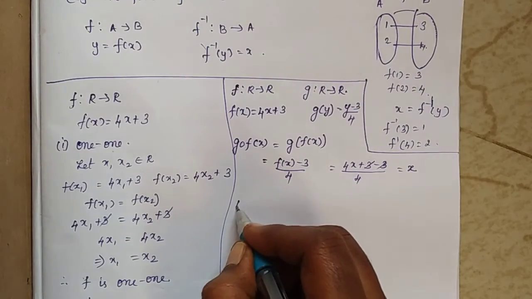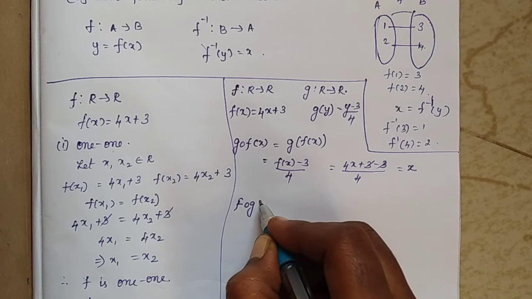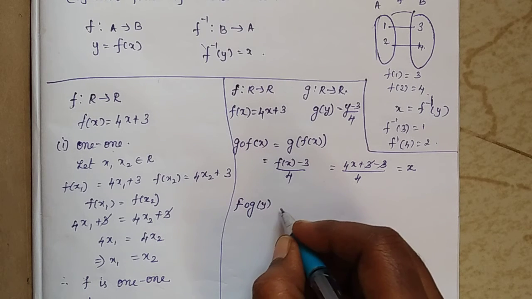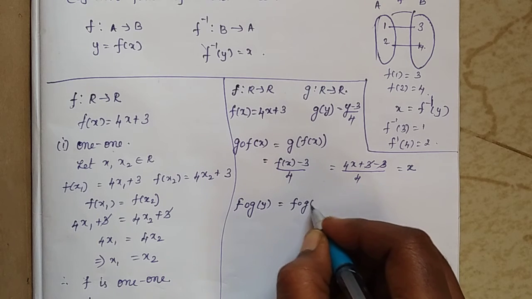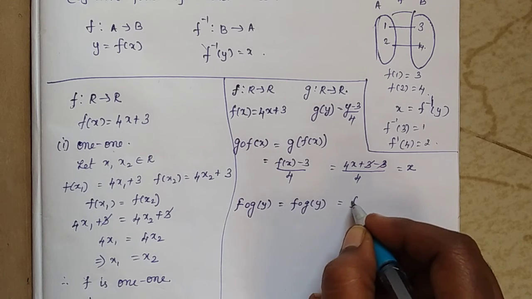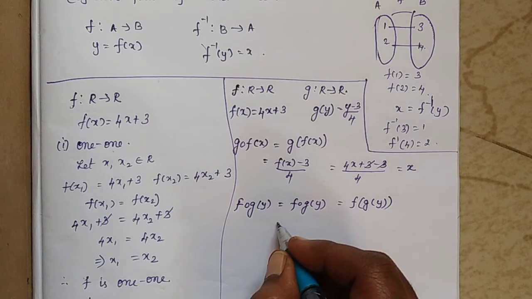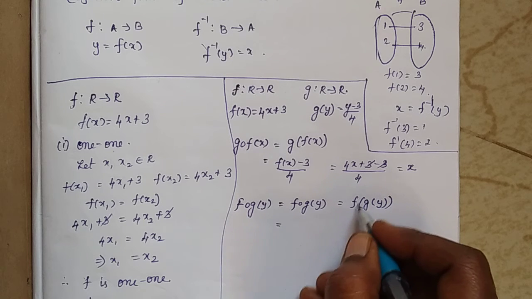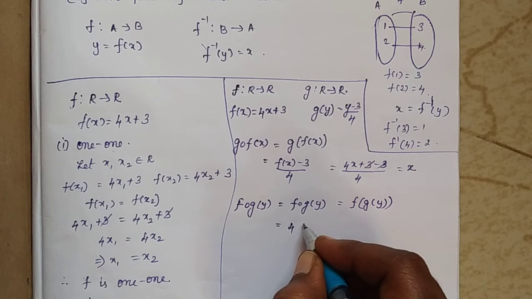Now f of g of y. For g, I am going to give the input as y. So this is equal to f of g of y. In the function f I want to substitute my g of y.